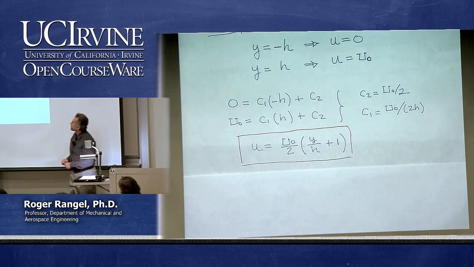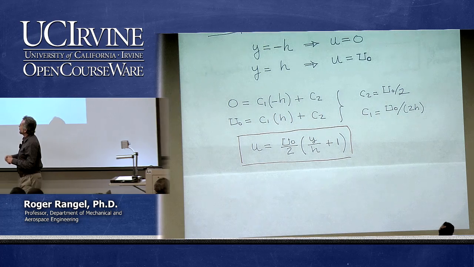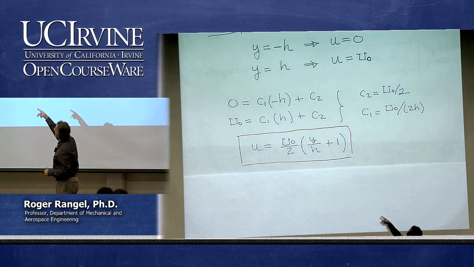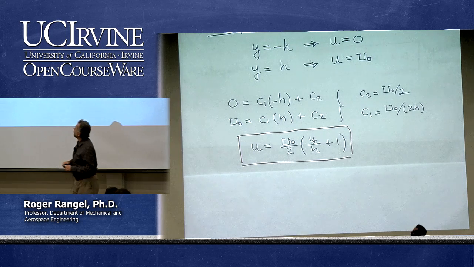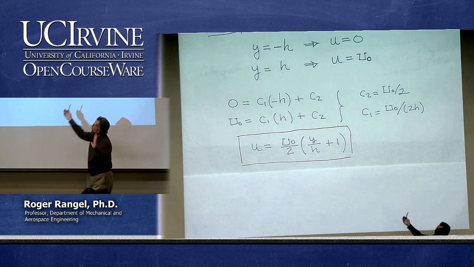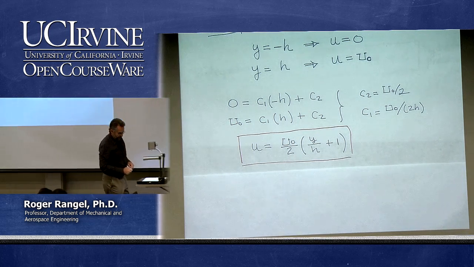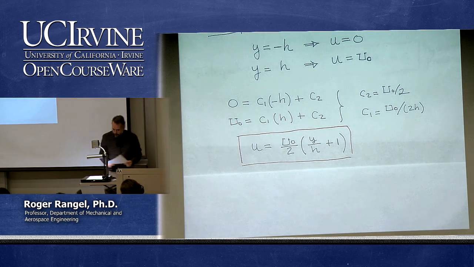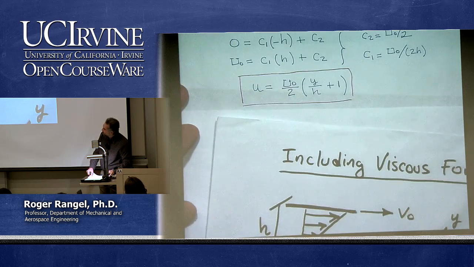All right? So that allows me to find the constants. And I get that profile. The velocity is a linear profile, given by this expression: u equals u naught over 2, parenthesis, y over h plus 1. That is nothing but the profile that we drew here a long time ago.